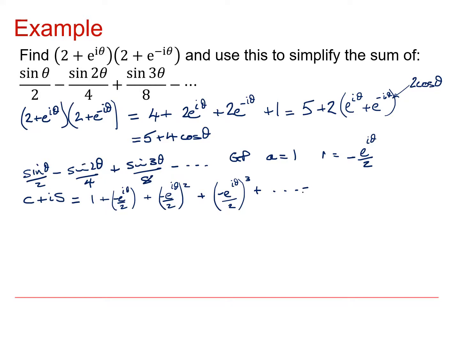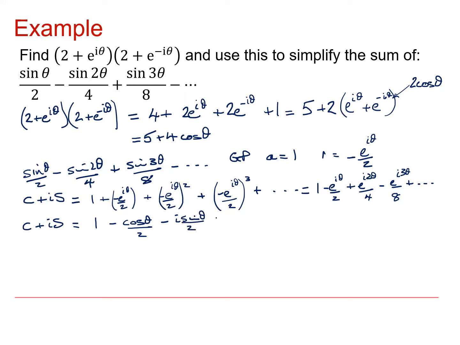And that gives me 1 minus e to the i theta over 2 plus e to the i 2 theta over 4 minus e to the i 3 theta over 8, etc. And so now, expanding the e to the i theta things, we're going to get that C plus iS is equal to 1 minus e to the i theta is going to give me cos theta over 2 minus i sine theta over 2.